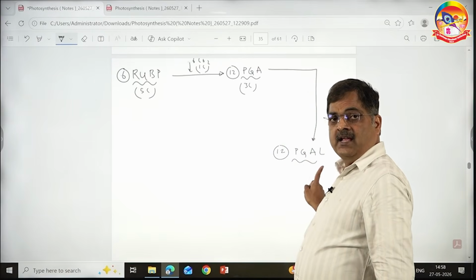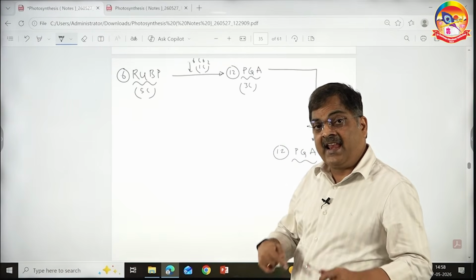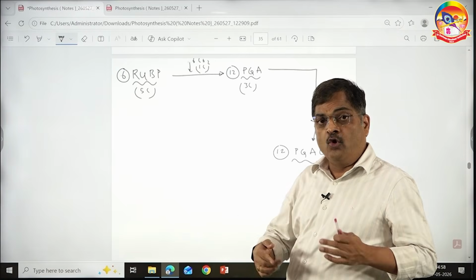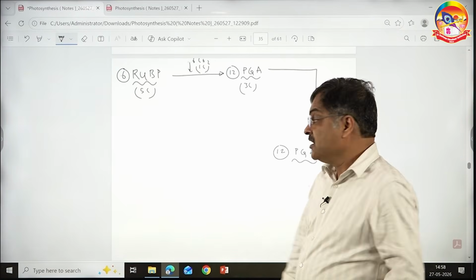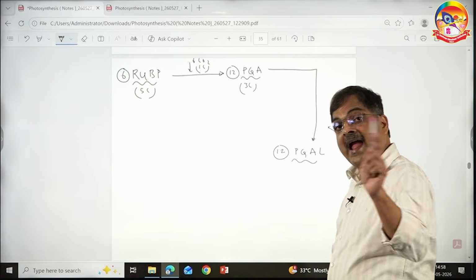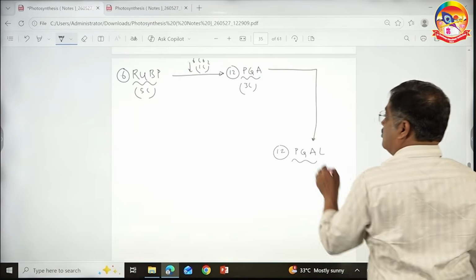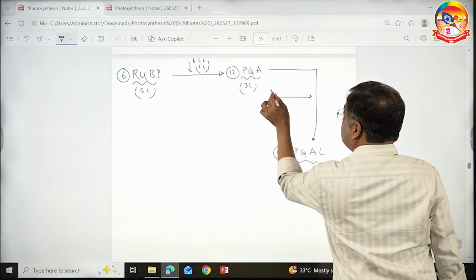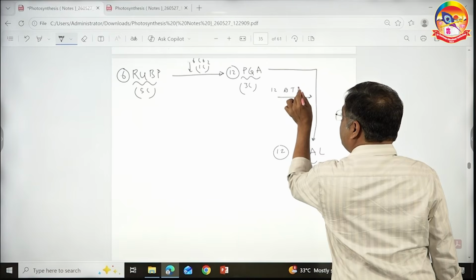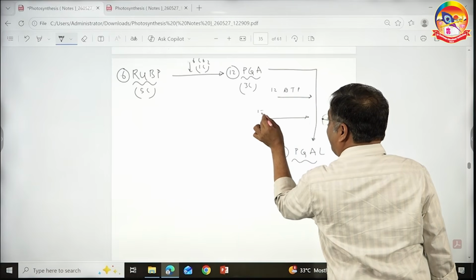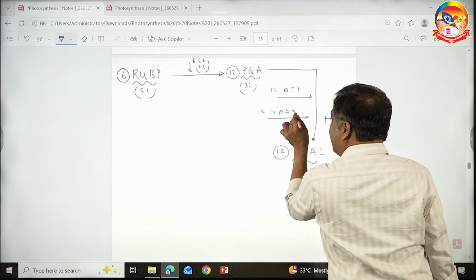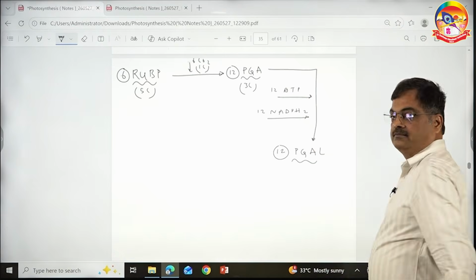Acid is becoming aldehyde. When can an acid become an aldehyde? Only when you reduce it. So reduction means what? Addition of hydrogens. So what I do is, here I add 12 molecules of ATP and 12 molecules of NADPH2.